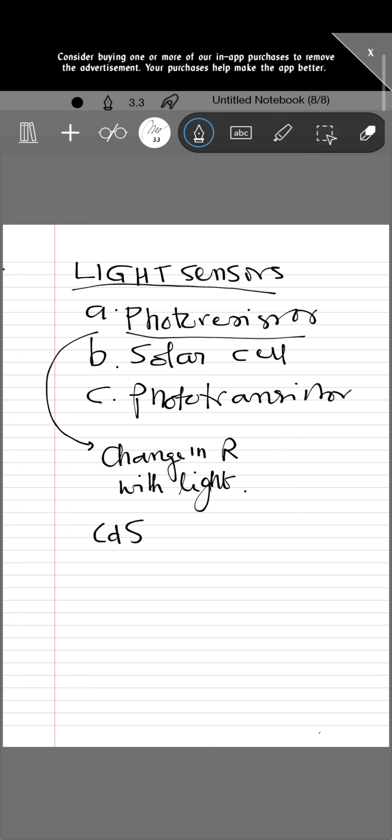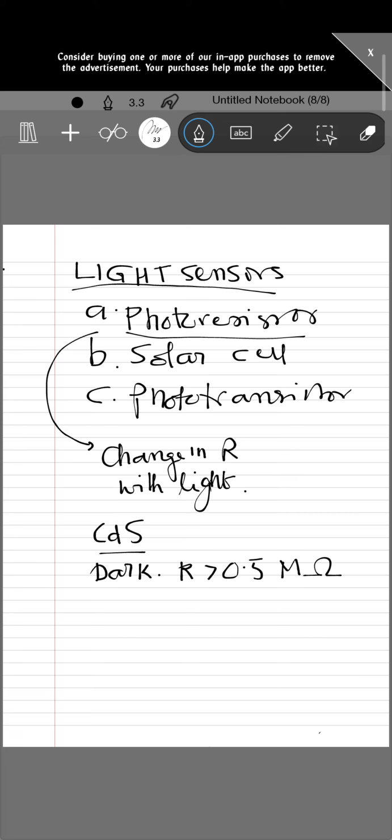Coming to the properties of cadmium sulfide, when there is no light, that is, when the system is in a dark state, the resistance is greater than 0.5 mega ohms.